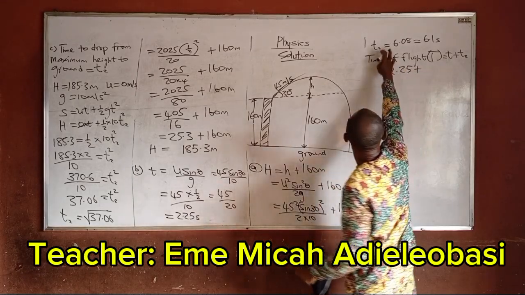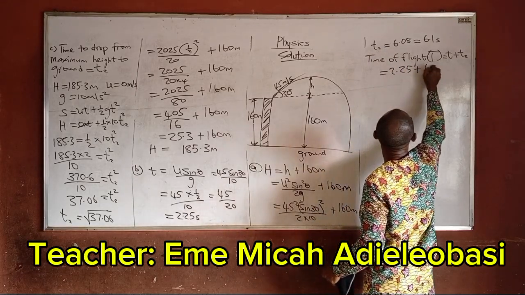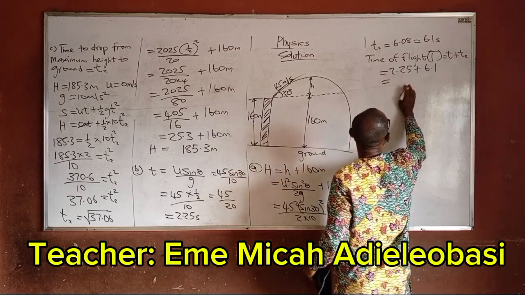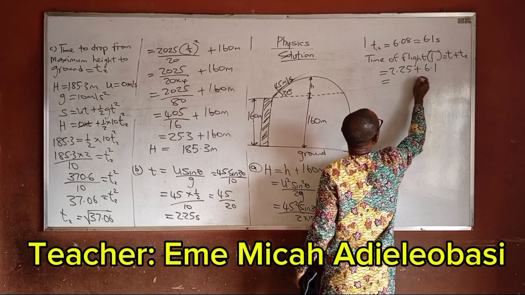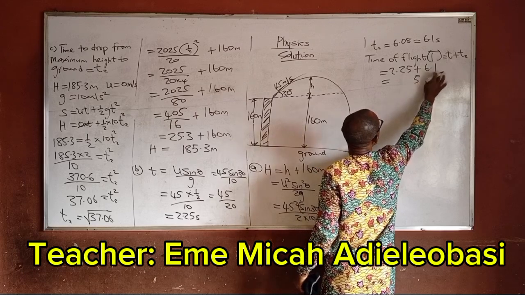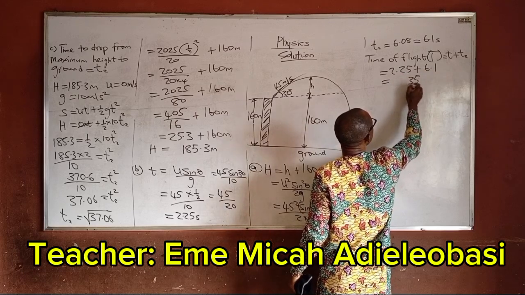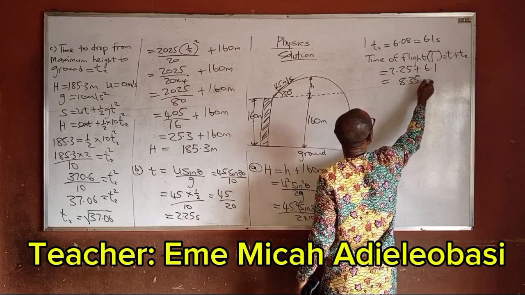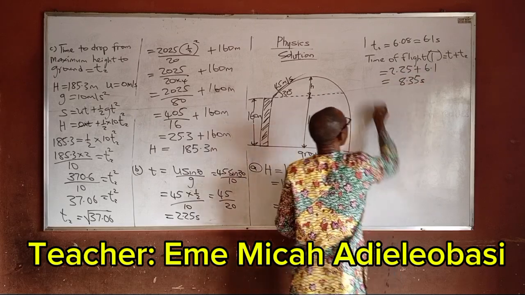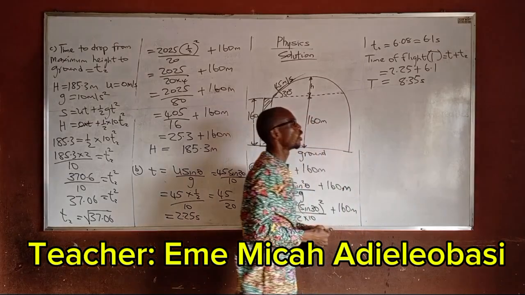And our T2 here is 6.1. And this will give us 5, 1 plus 2 is 3, 6 plus 2 gives us 8. We have 8.35. That's the time of flight.